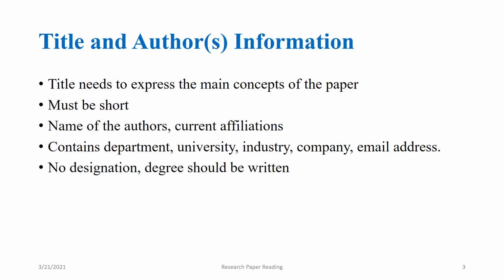If the author works in an industry, then the affiliation will be the industry name, and then the email address, a way we can communicate with him or her. Sometimes some authors write their designation or degree, but it is not a good format for a research paper. So no designation or degree should be written in a research paper.